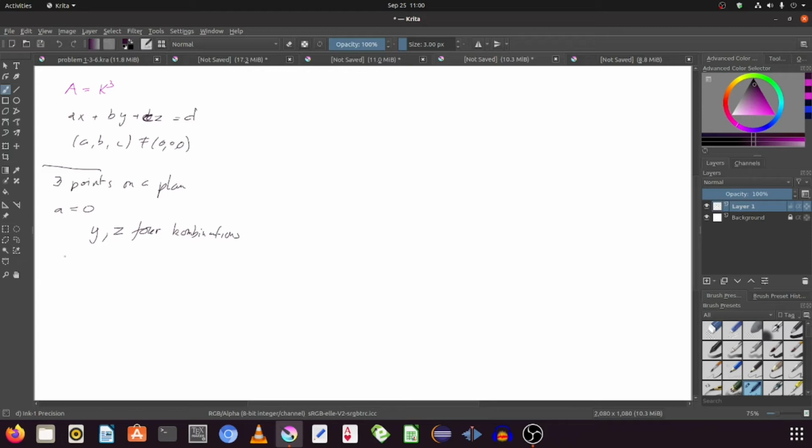So now since D, I've written D and not naught, it must be 3 points. So assume we have 3 points satisfying the equation. And now I'll just write it in vector form.